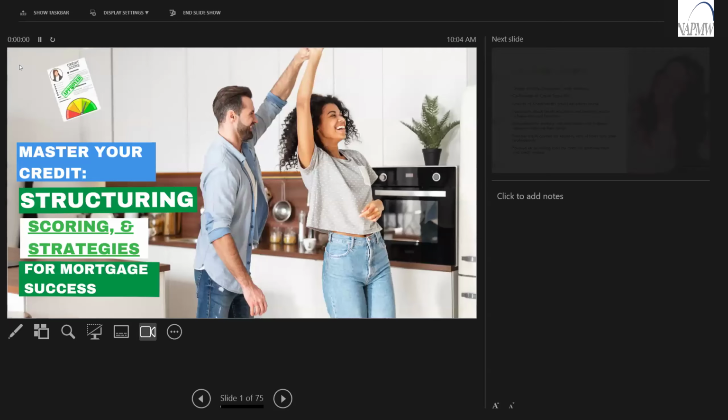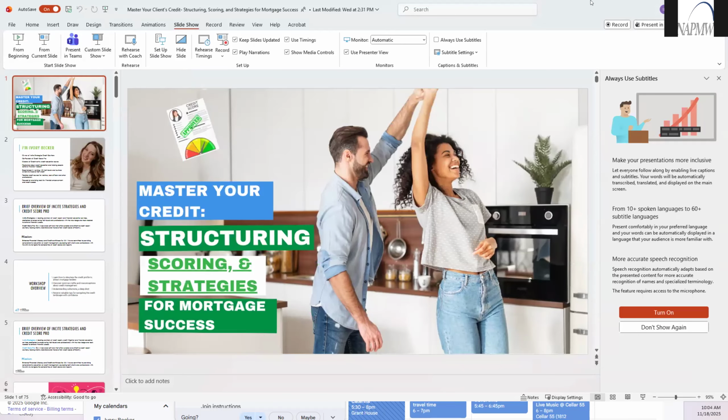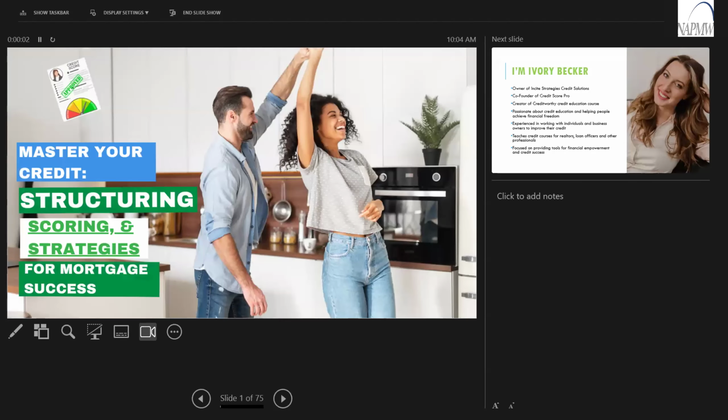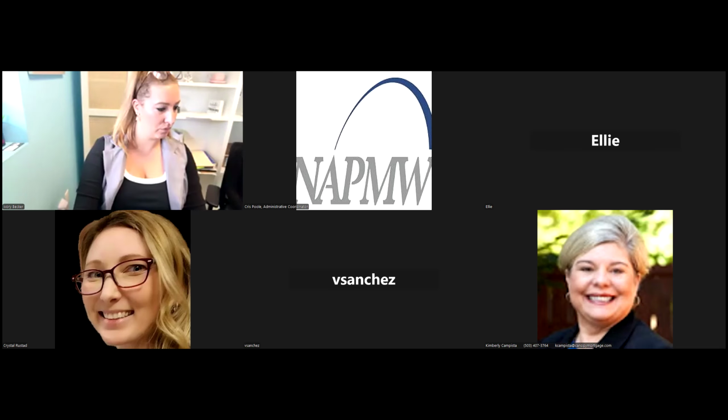I can see it. Oh, no, that's the wrong way. Hold on, let's try it this way. Why is it showing everything on the wrong screens? Okay, hold on, I've got to stop sharing. It was in presentation mode. Yeah, that's the part I didn't want to show. I'm going to try this a different way.